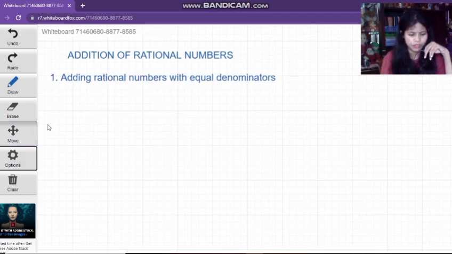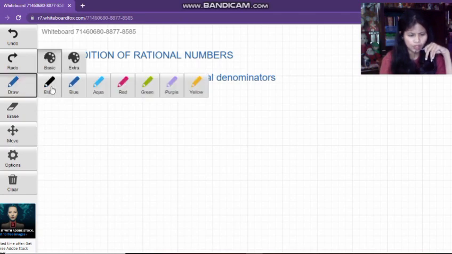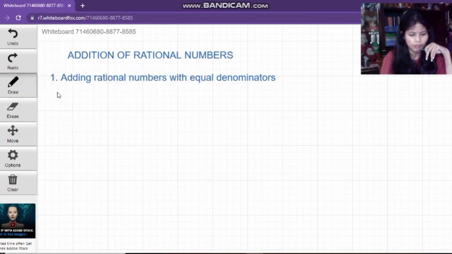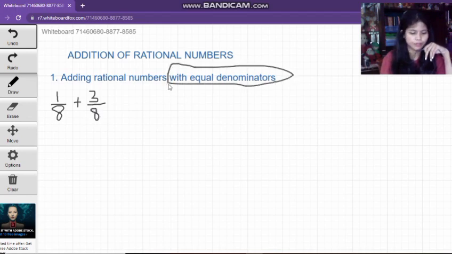Okay, so I will give you the example. 1 over 8 plus 3 over 8. So how can we calculate fractions like this?